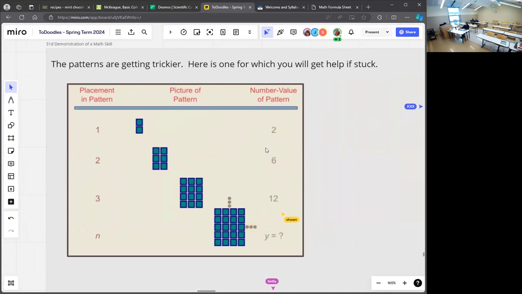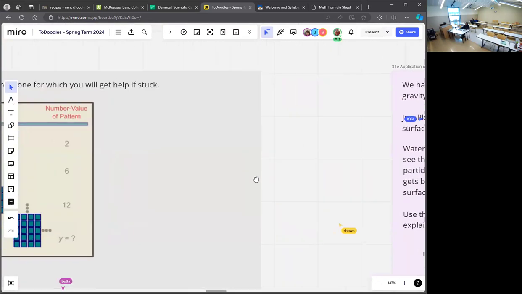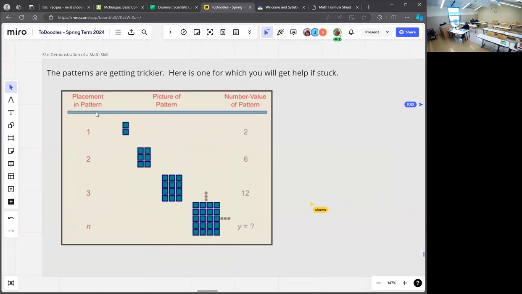Here's our last one, almost last one. What's the pattern for this one? Still think about length and width. They're not the same anymore.